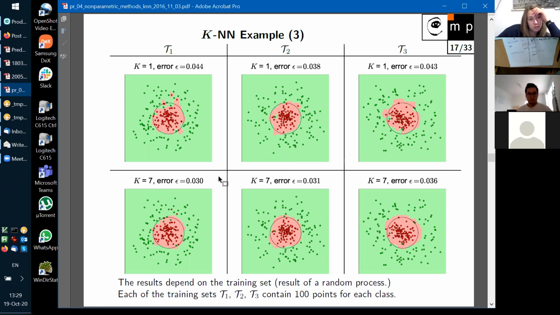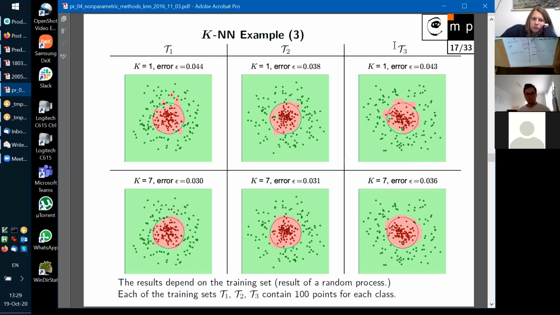Now, of course, the results depend on the training set. The errors are random variables. Every time you draw a different sample for the nearest neighbor, you will get a different result. This is in principle true for every single classifier. So we see that these three, T1, T2, T3, are all training sets with 100 points each.